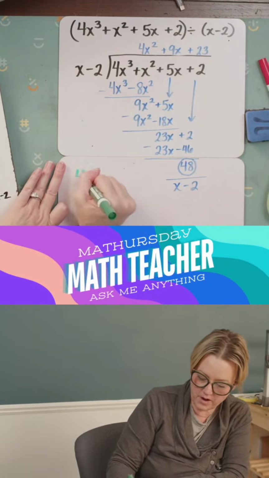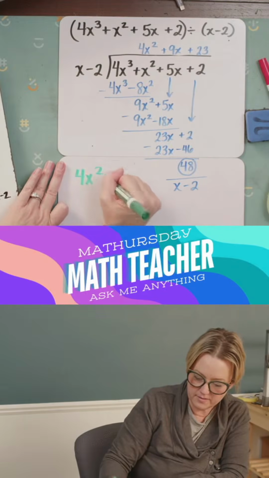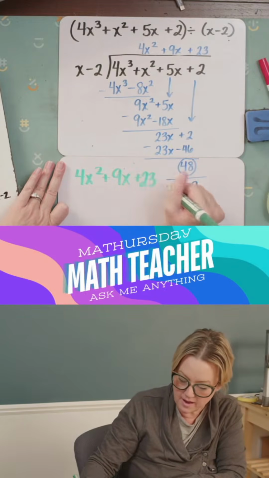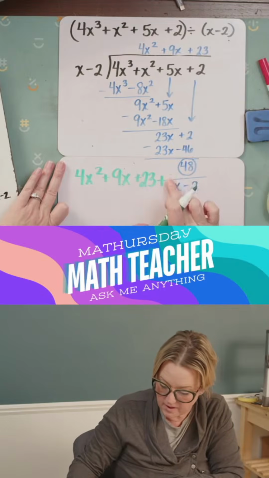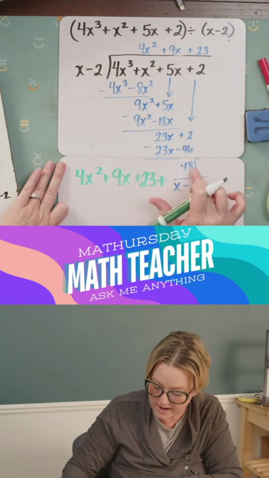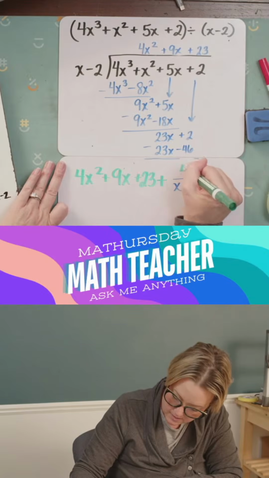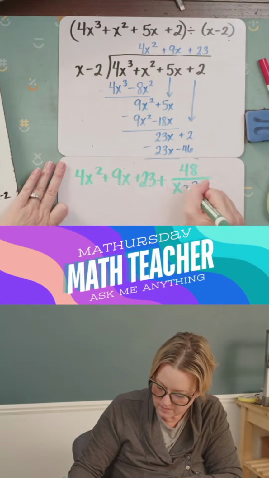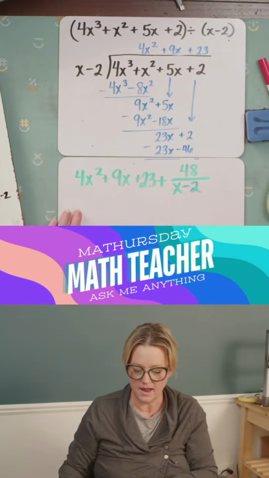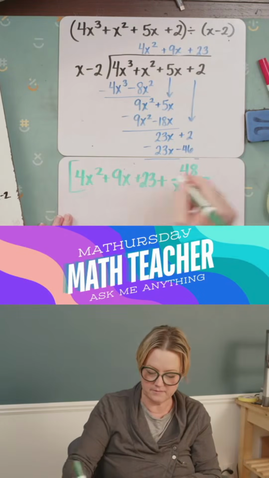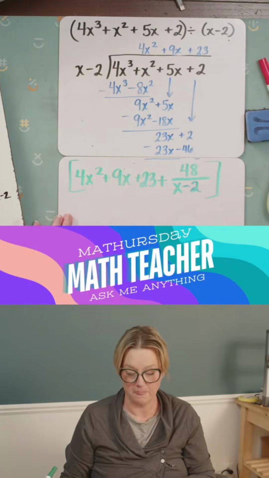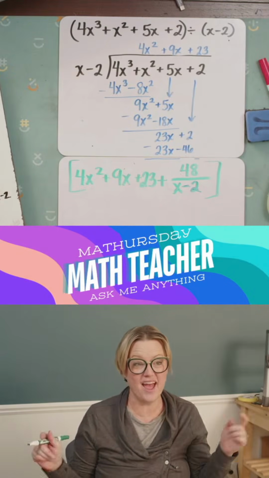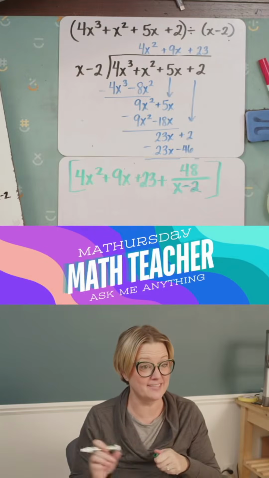So I have 4x squared plus 9x plus 23 plus my remainder, which is 48 over x minus 2. Okay, that is my solution. There we go. Okay, now let's check out synthetic division.